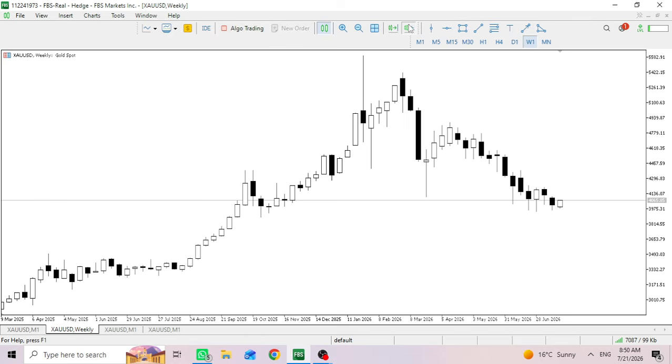Now get out of the weekly time frame. When a weekly low has been tapped and you are on the 1 minute time frame, you are like, okay, the market is ready to alter speed. We call them high speed zones. From there you go to the daily time frame.